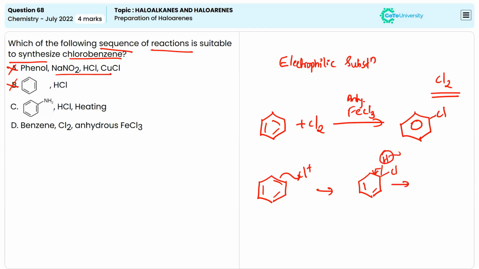This hydrogen will be removed, so they will produce chlorobenzene. So we need benzene, chlorine and anhydrous FeCl3. Then only we will get chlorobenzene from benzene. So C is also not the correct one, and D is the correct answer: benzene, chlorine, anhydrous FeCl3.